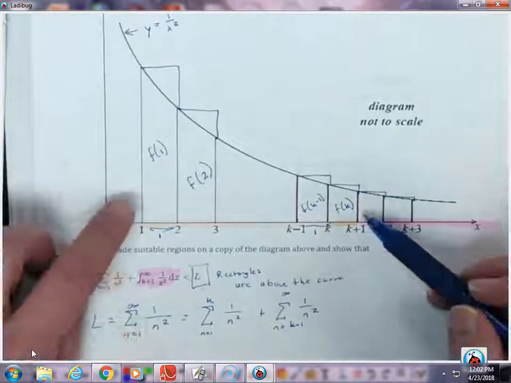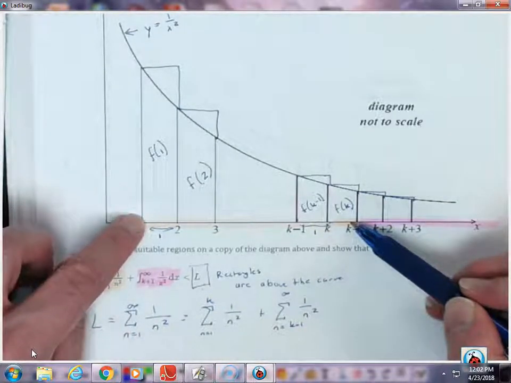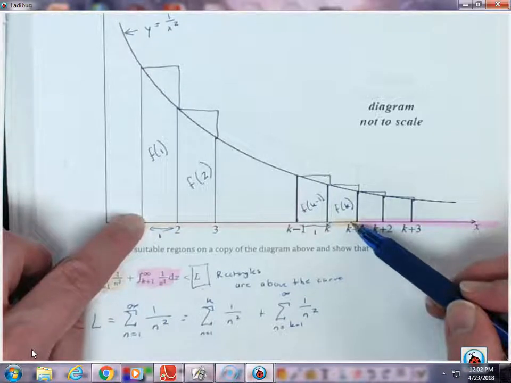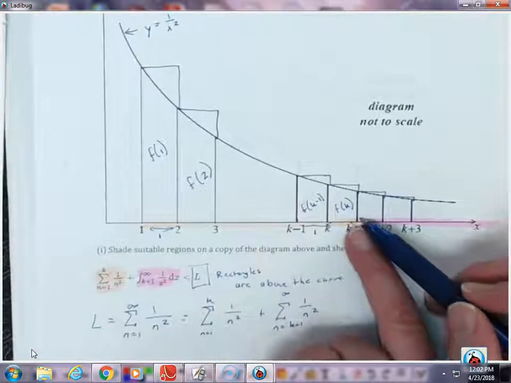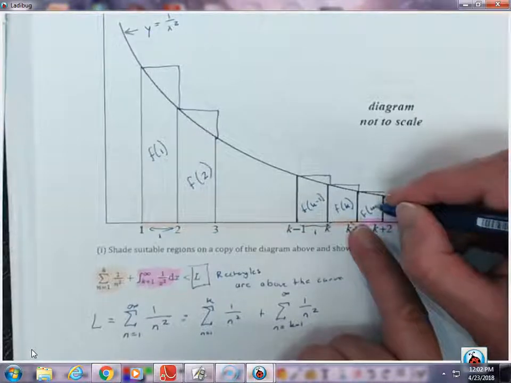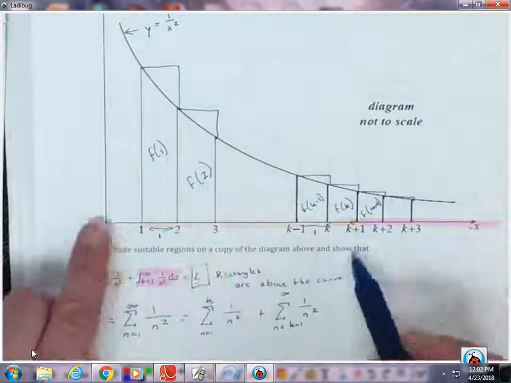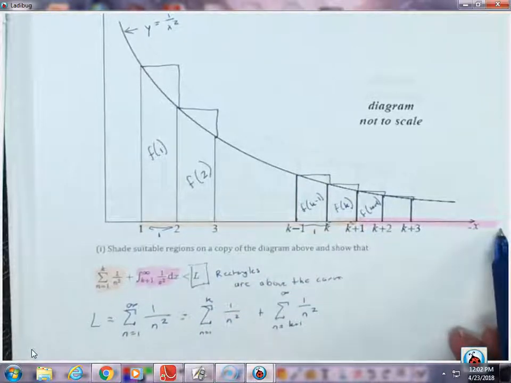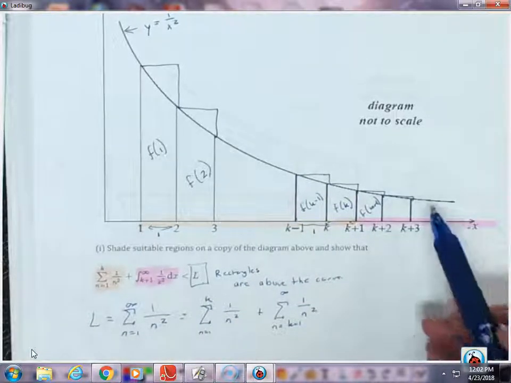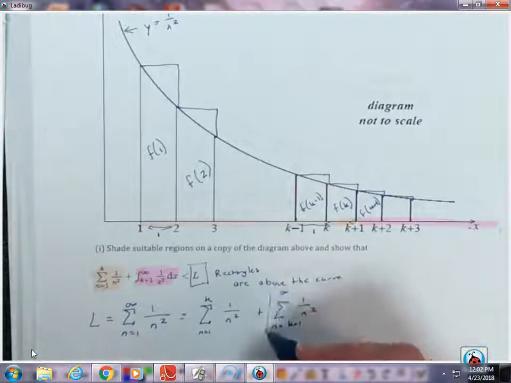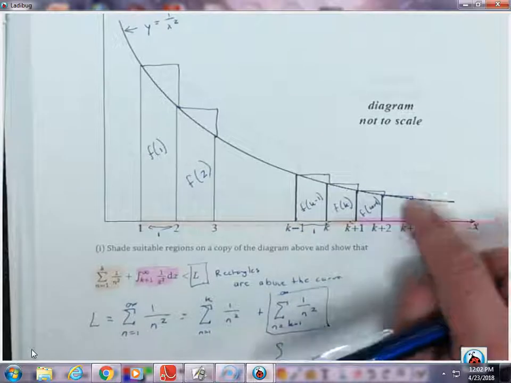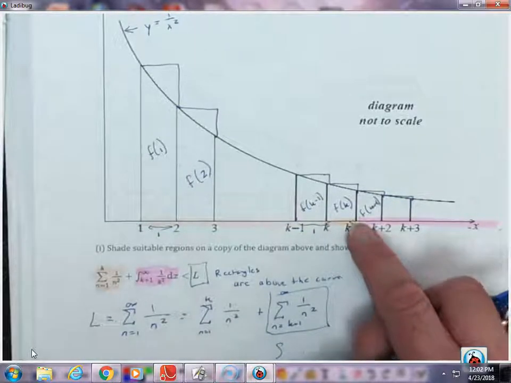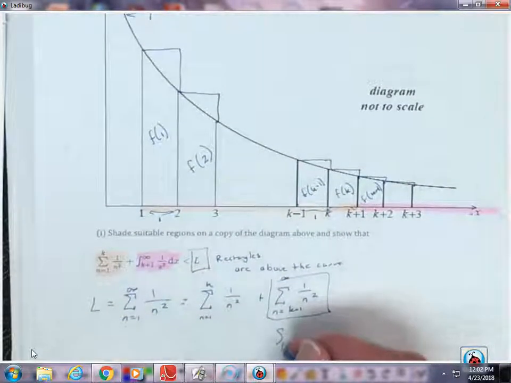So here you have adding up from 1 to k, and then from here, this one is f of k plus 1 on. So I'm basically dividing it up into this region plus this region going on infinitely. And now what you know is your rectangles here are larger than the area under the curve, which would start from k plus 1 and go to infinity.